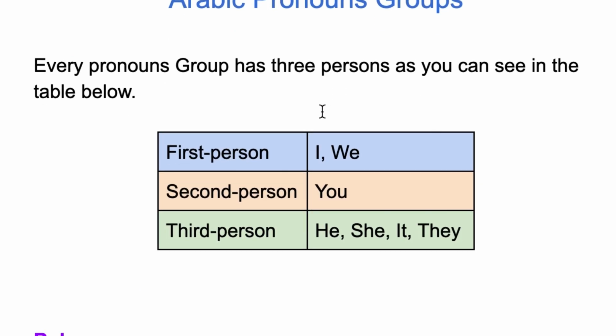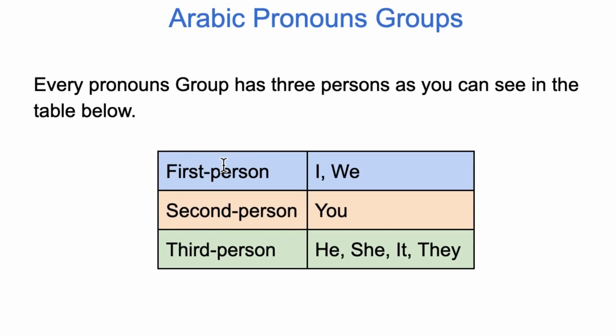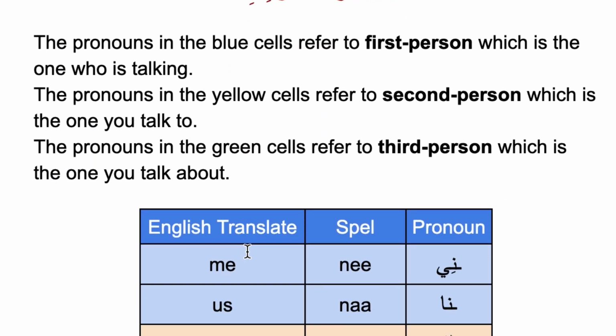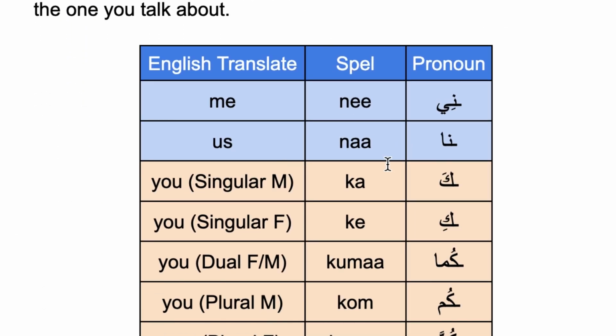So let's get started. Now, like we mentioned in the previous lesson, there are three groups: the first person, the second person, and the third person. This table contains all the Arabic object pronouns.